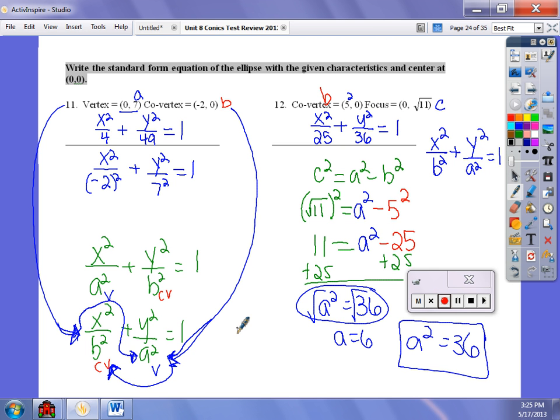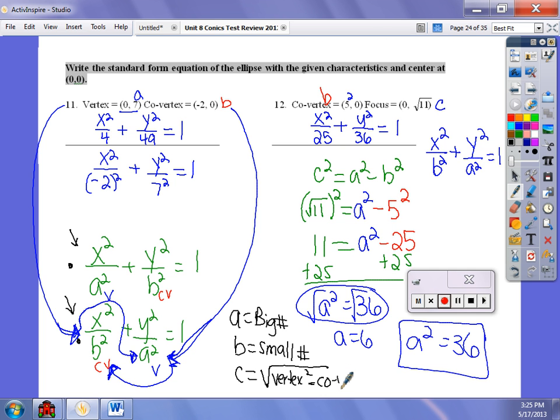So for ellipses, you have to remember your two standard forms, which are here. You also have to remember that a equals the bigger number, b equals the smaller number, and c, your focus, is equal to the square root of the vertex squared minus the co-vertex squared.